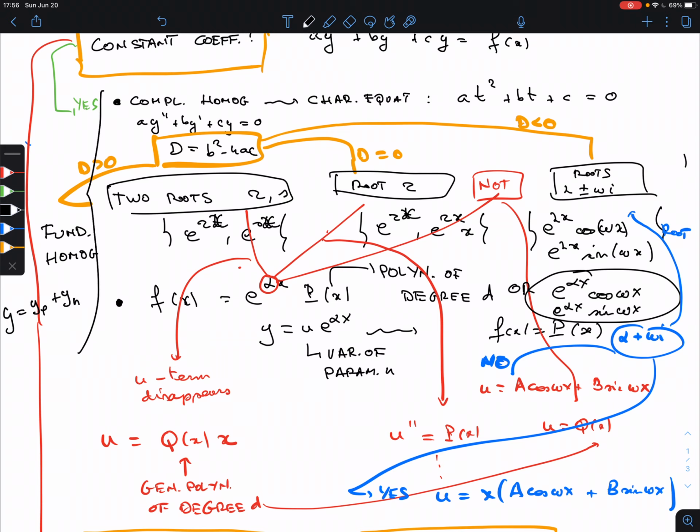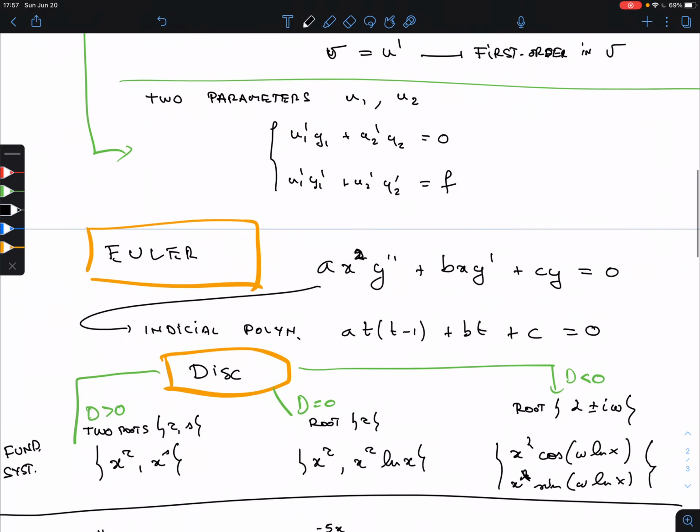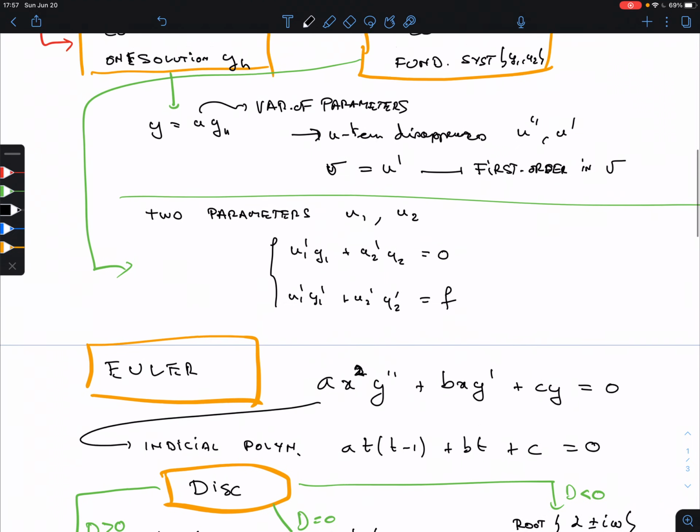So this was the complementary homogeneous. Here we calculated YH, here we calculated YP. So we know we're at this stage here.